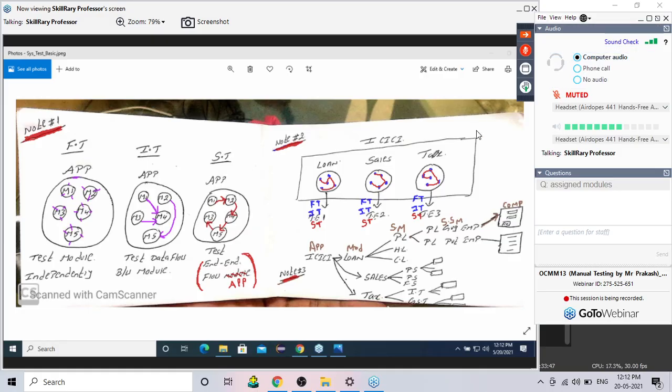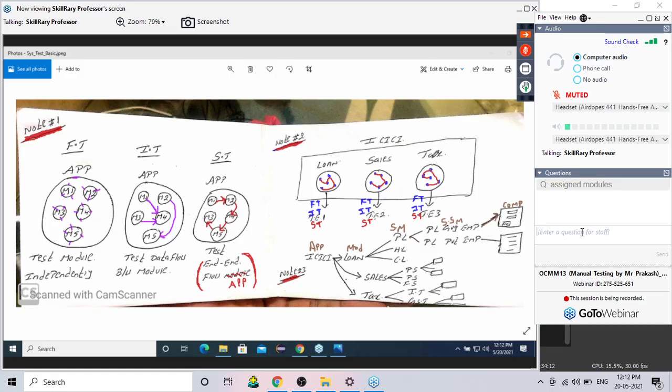Don't throw an answer within 1 second. Is it necessary to check the flow between loans, sales and tax? If anyone is saying required, give me the answer. Why? Pushpita, you are saying required. Why? Tell me. Answer is no, because there is no relation between loans and sales and tax.